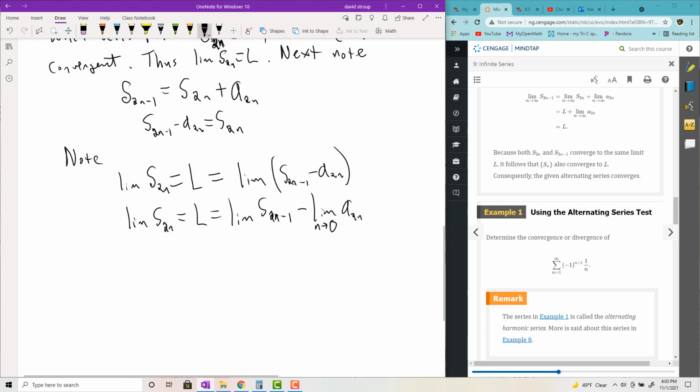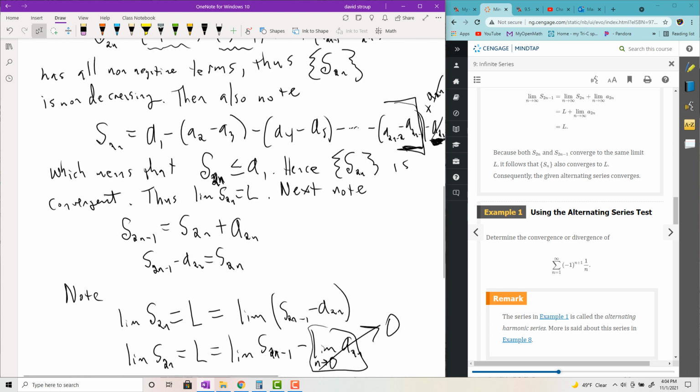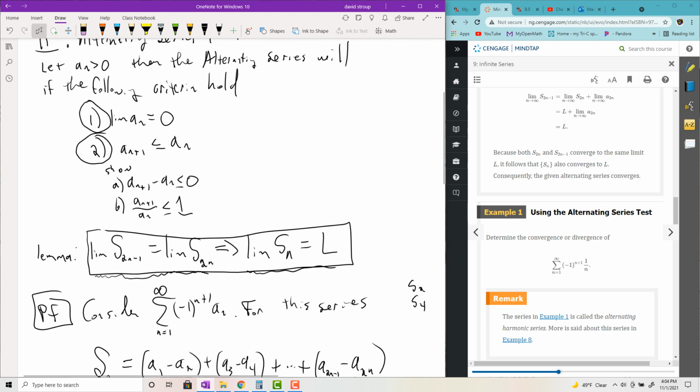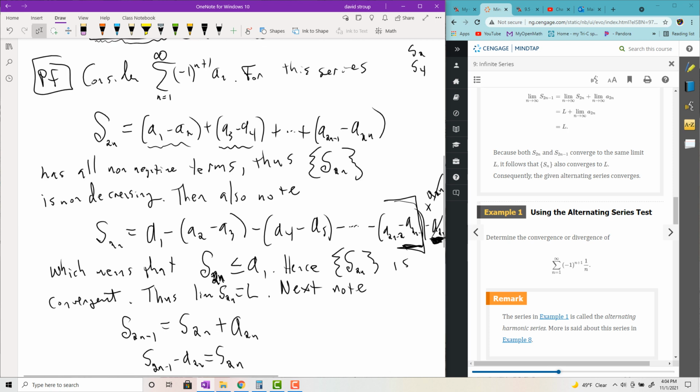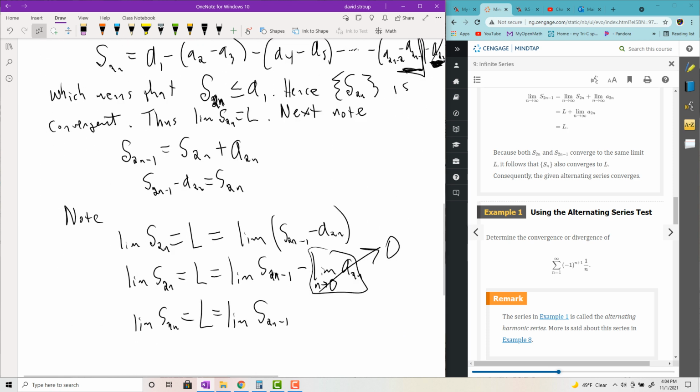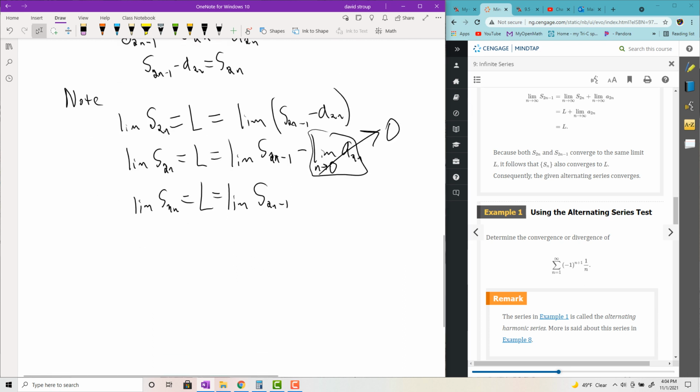So here, the limit of this portion is just going to shoot off to 0, and you have that the limit of s sub 2n is equal to this number L, which is equal to the limit of s sub 2n minus 1. And then from our lemma, that basically implies that the limit of s sub n is equal to something. In other words, the limit of the sequence of partial sums is convergent, and therefore the series is convergent.